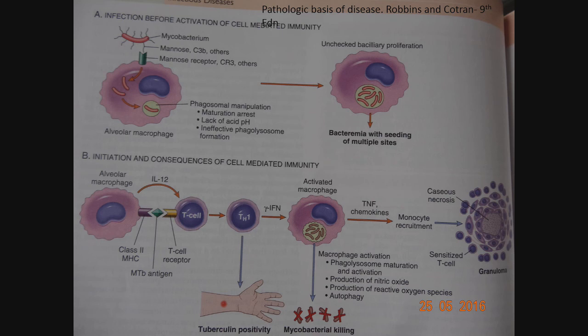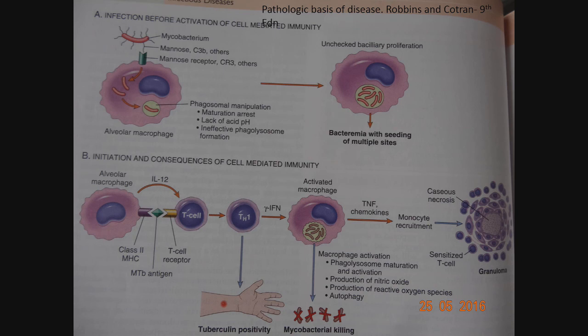This picture is just to show how it works. In 2 to 3 weeks, cell mediated immunity is formed, where the antigen presenting cell presents the bacteria to the T lymphocytes, and they produce interferon.